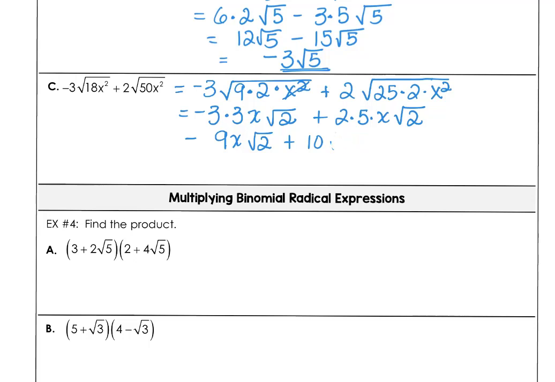That should be 10x times the square root of 2. So 10x minus 9x leaves 1x, and we need that to be absolute value since we had an even index and an odd power, and our final answer is the absolute value of x times the square root of 2.